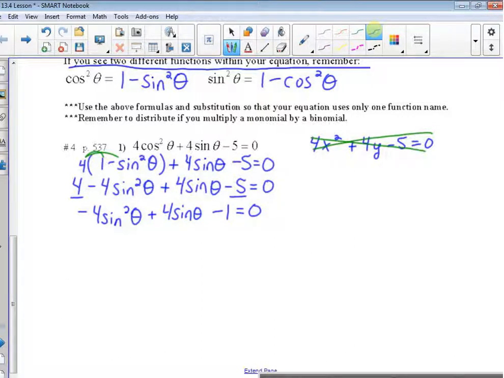I do not want to ever factor when the leading coefficient is negative. So I'm going to multiply or divide both sides by negative 1. And when we do that, again, we have to distribute the negative 1.